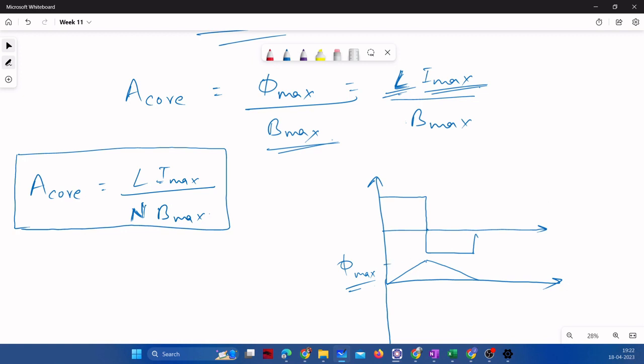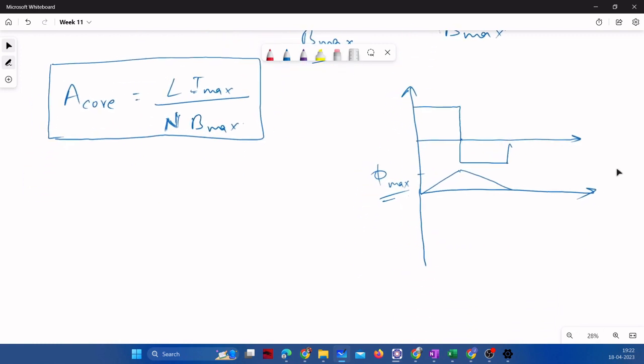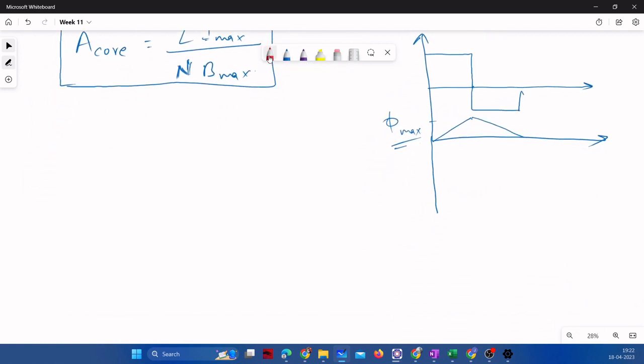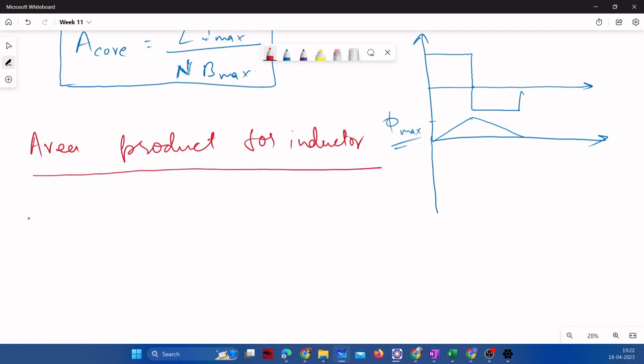Now we are ready to compute the area product, and let me write the area product for the inductor. Area product is A core into A window.